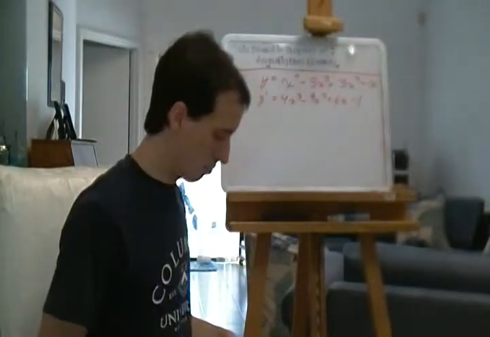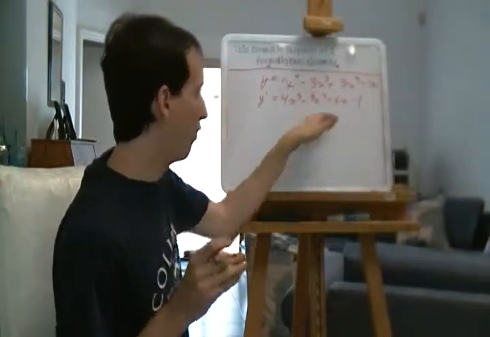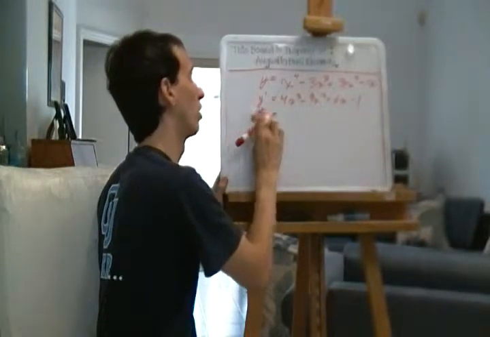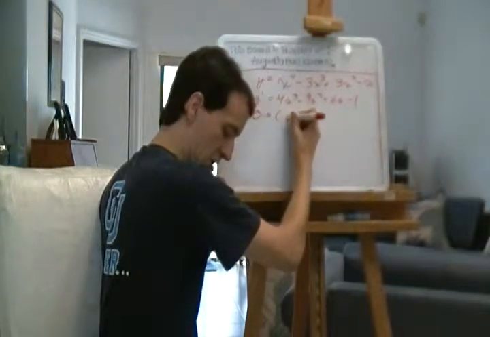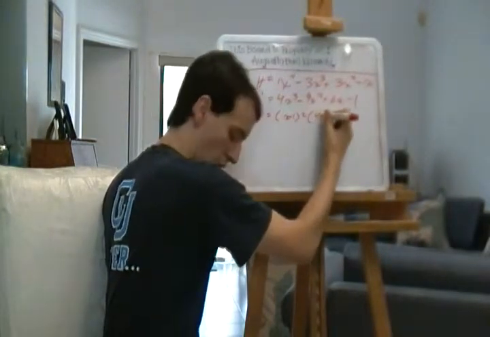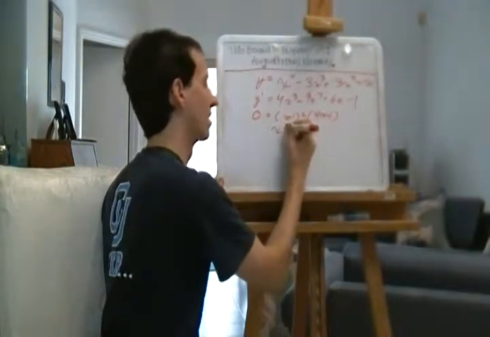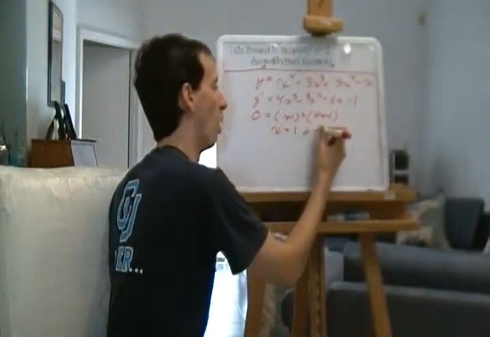Now, in the interest of time, I'm going to spare how to factor this, but what you should get when solving for the critical numbers of this derivative is 0 equals x minus 1 squared times 4x minus 1. Which means that x is going to be critical at 1 and 1/4.